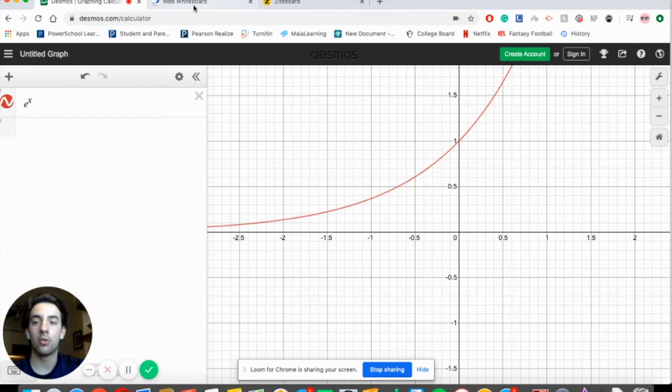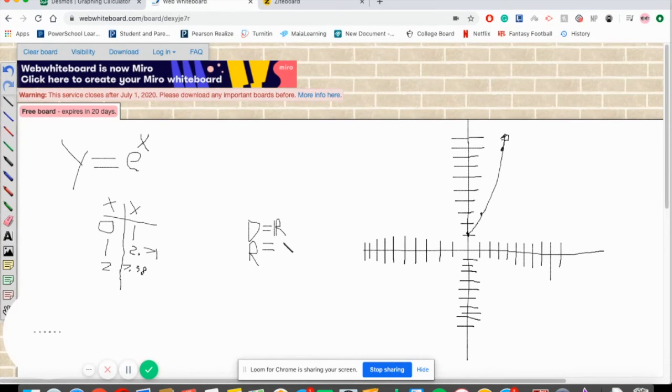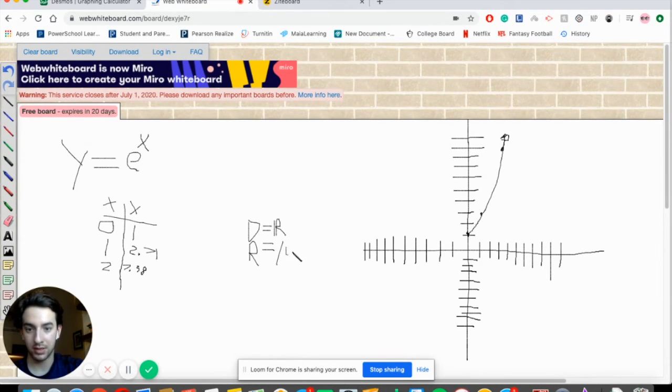So for our range, we can write 0 to infinity. Depending on the number that you put in for x, it doesn't matter, because it will always give you a positive number that's greater than 0. So that's why the range is from 0 all the way to infinity.